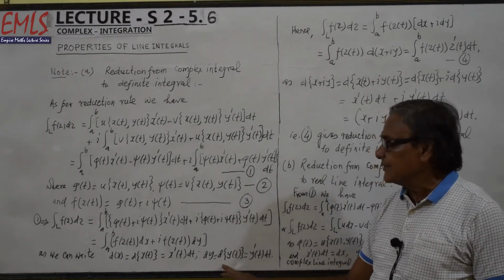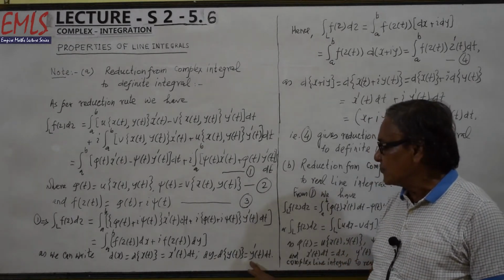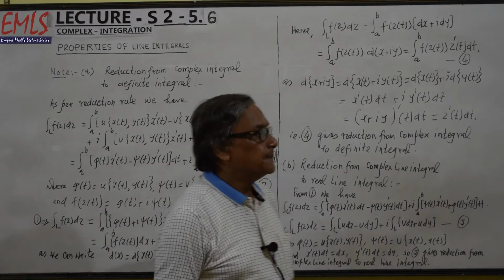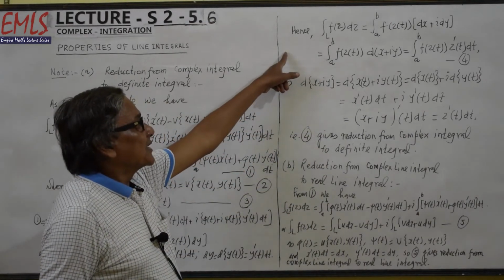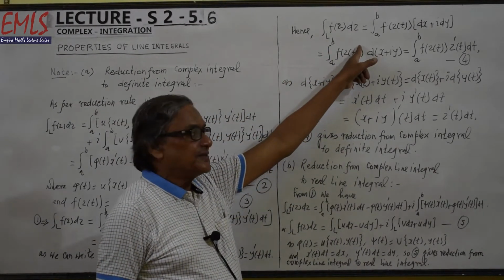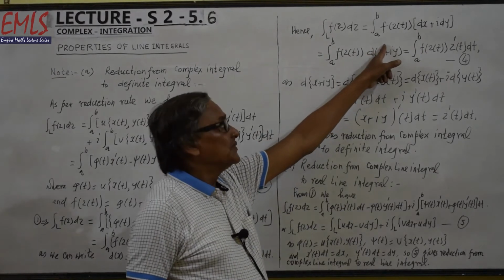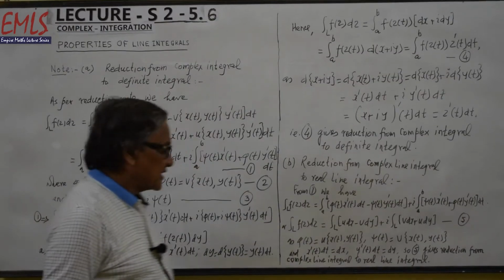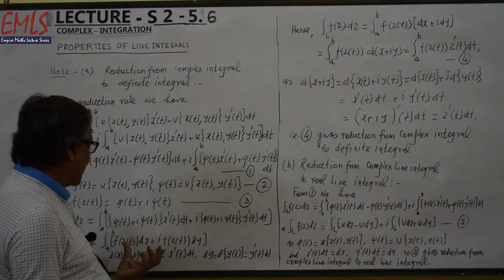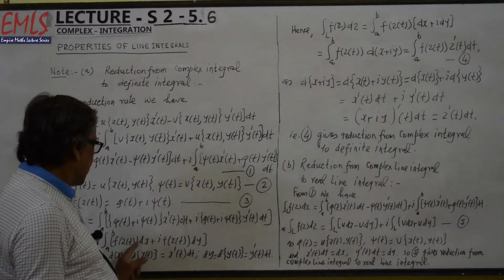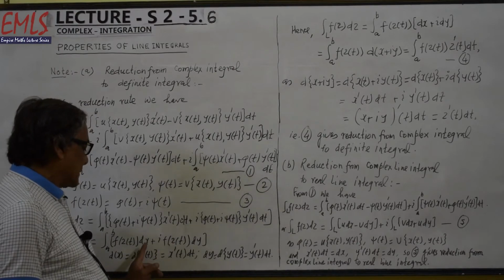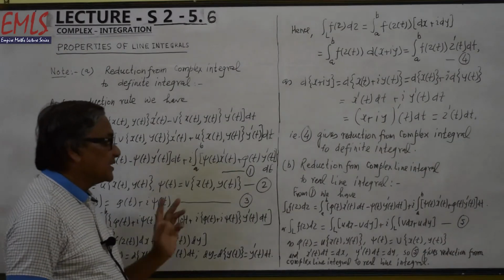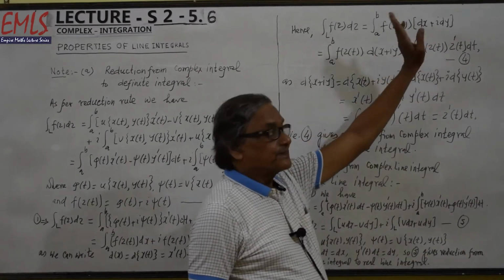Similarly, dy will be equal to d of y(t), that is equal to y'(t) dt. Hence integral over L f(z) dz will be equal to integral a to b f(z(t)) [dx plus i dy], taking f(z(t)) as common, we are left with dx plus i dy.